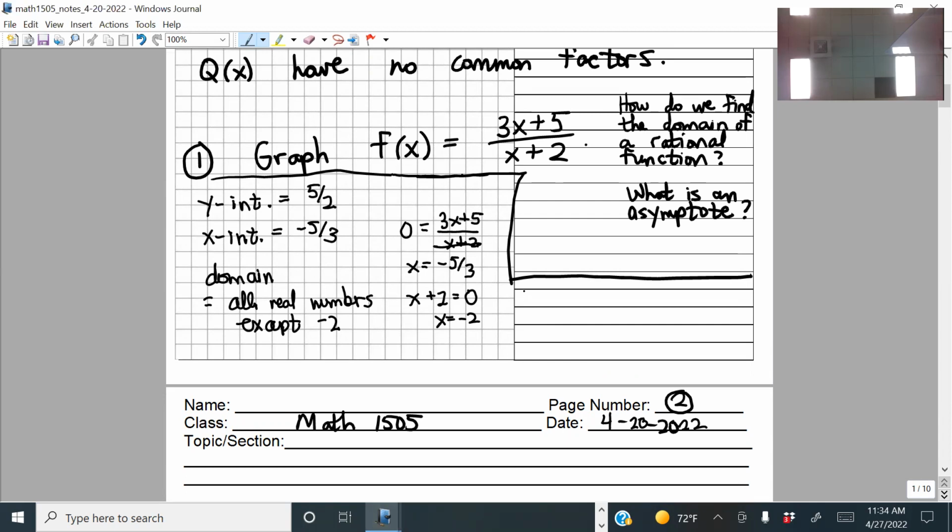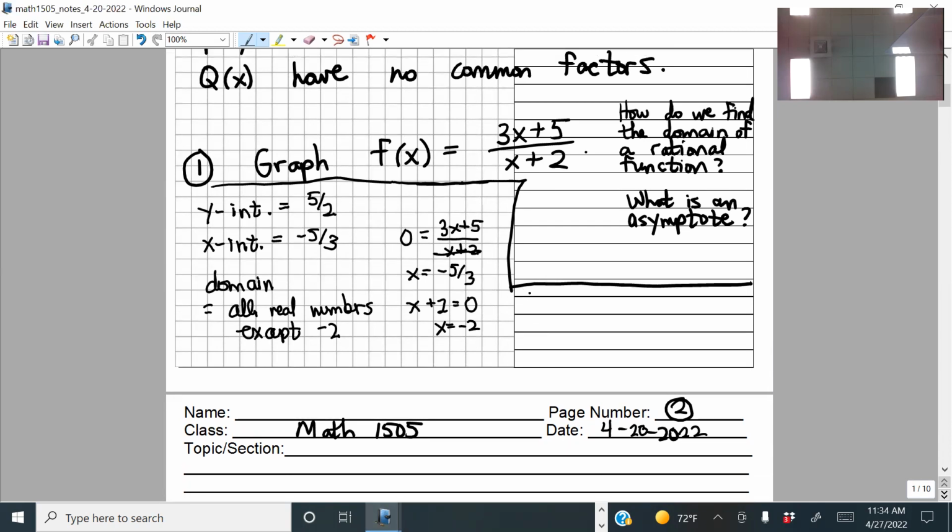So you could write that down. Of course, you could just write it. Horizontal asymptote. Oh, by the way, here's how you spell the word asymptote. This is a hard word to spell. So it's asymptote. So we have a horizontal asymptote at y equals 3.